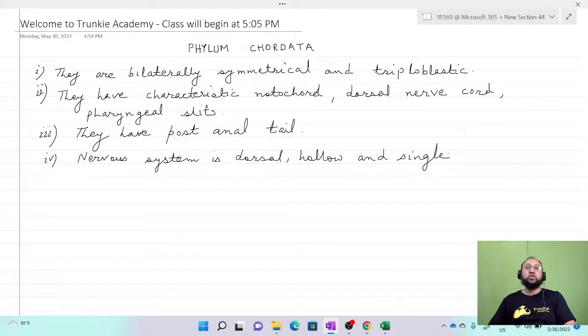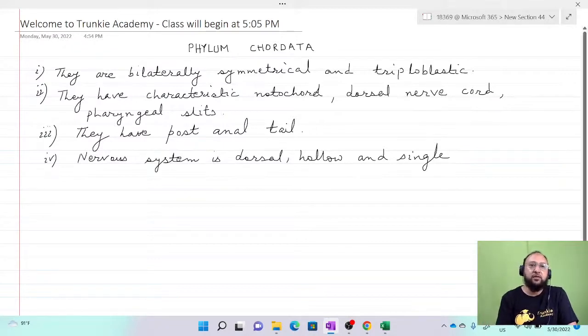It runs through the lumen of the vertebrae and is present on the dorsal side. It is single, not in parts. There are some components, but it continuously forms one single nervous system.